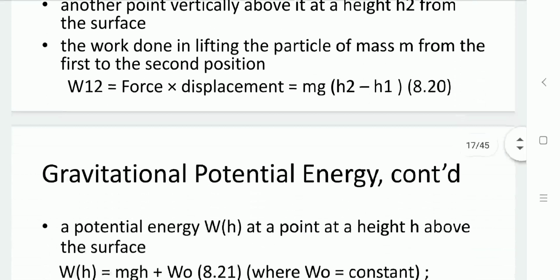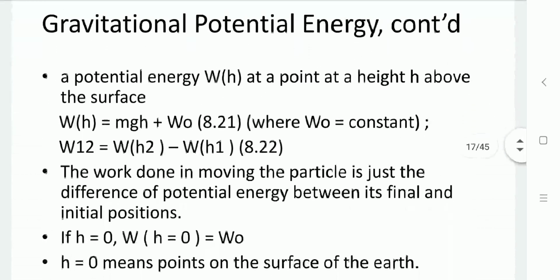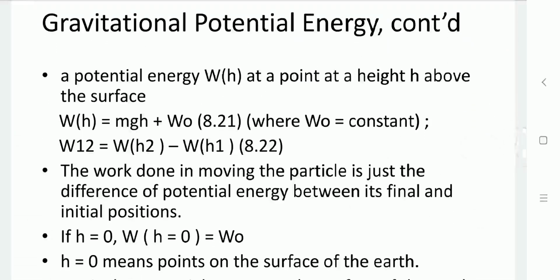So the potential energy W(h) at the point at height h above the surface is equal to mgh plus W0, where W0 is a constant value. And the work done W12 is W(h2) minus W(h1). This is the work done in moving the particle, that is the difference of the potential energy between its final and initial position.